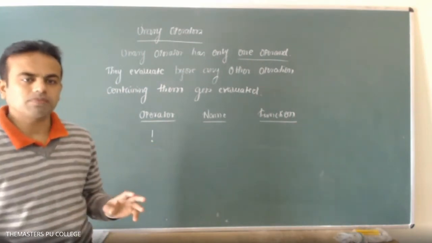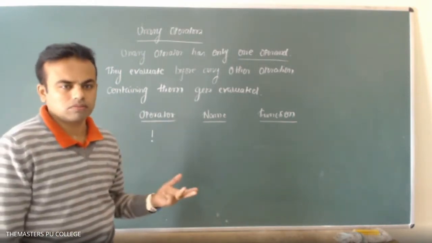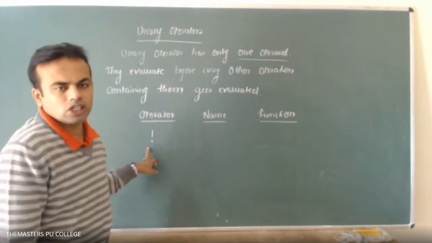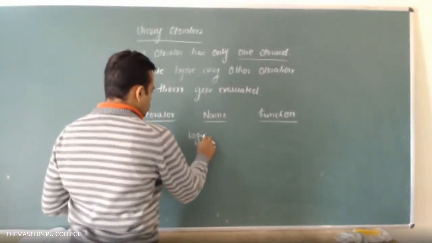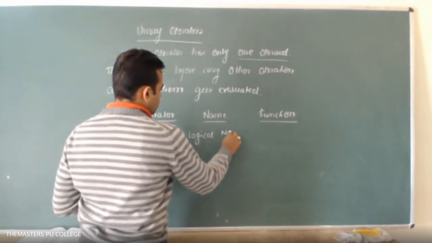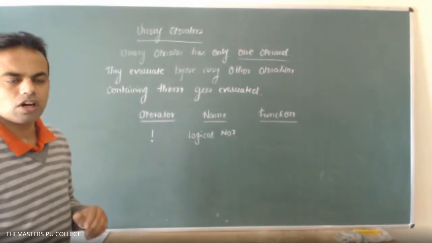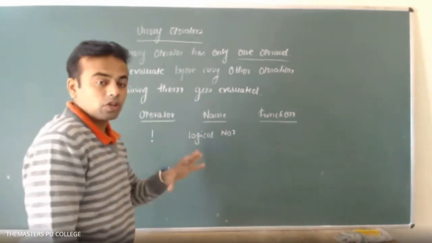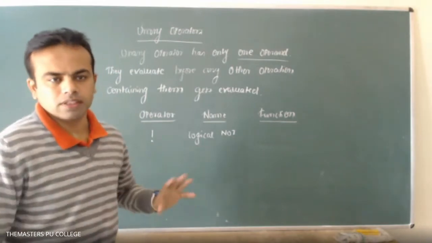I told you about logical operators and, or, not. This is logical not, right? So what is its function? What is the function of logical not? Why do we use logical operators? This I also told in the earlier classes.